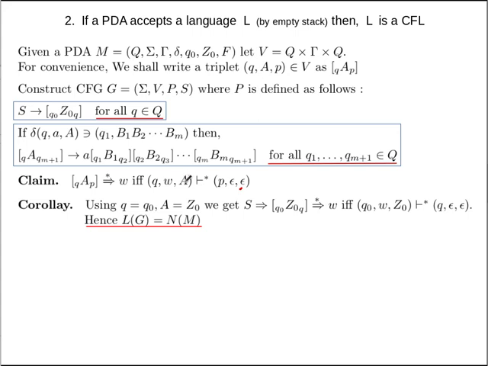This A will be replaced by something else, and that will be replaced by something else, but at the end everything will be consumed, and everything originated from this capital A. So all of those things will be consumed, and you will be left with nothing in the stack here. So when you are completely done with this A, that means you have in this process consumed W and you ended up in P. So this is the state where you start, and this is the state where you end up. So that is the intended significance of this Q and P before and after this thing.